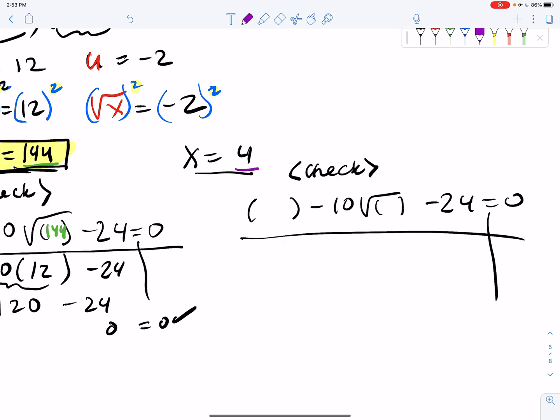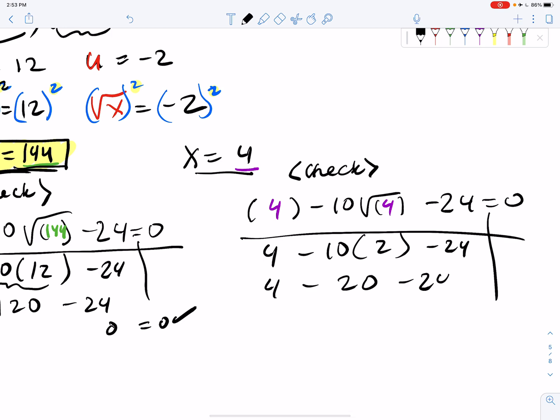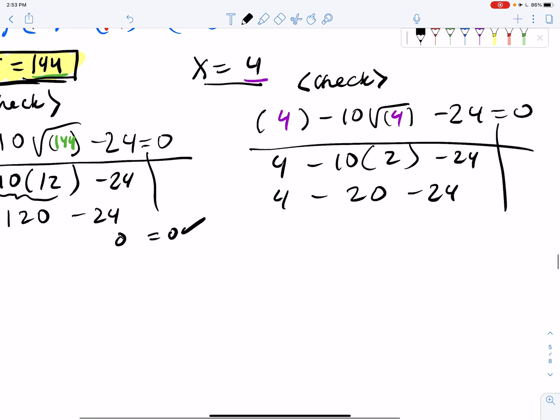We're going to try 4 this time and see what happens. So we've got 4 minus 10 times the square root of 4, which is 2, minus 24. So 4 minus 20 minus 24, and is this going to equal 0?